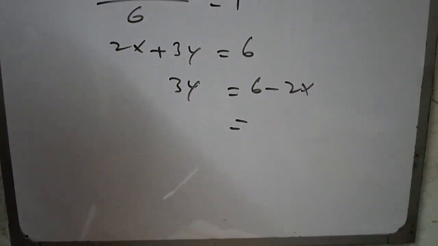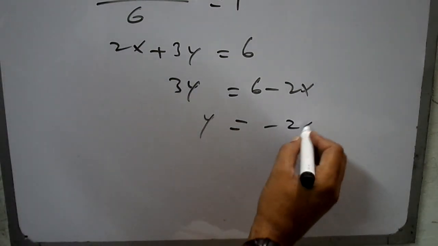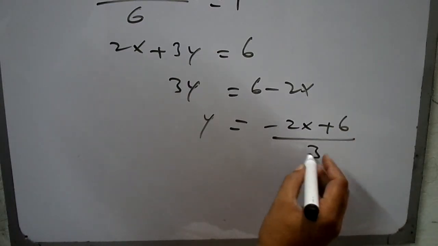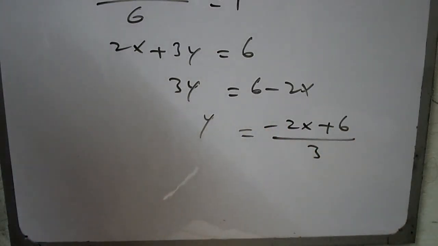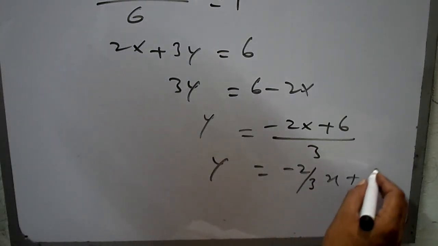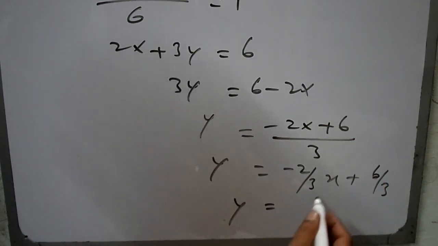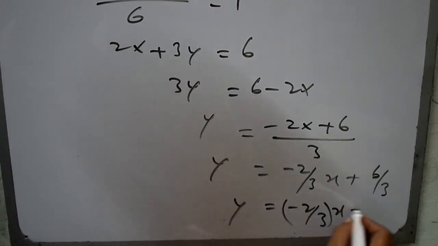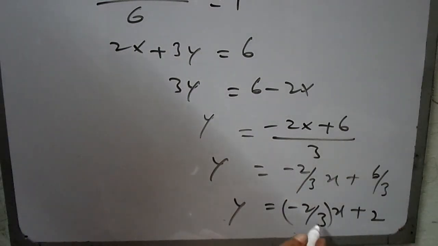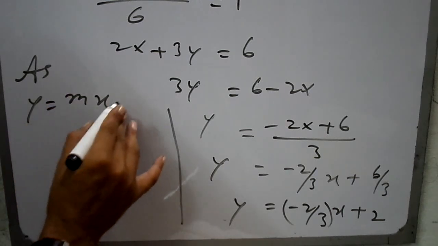So the value of y is minus 2x plus 6 divided by 3, which you can write as minus 2 by 3 x plus 6 by 3, which is minus 2 by 3 x plus 2.